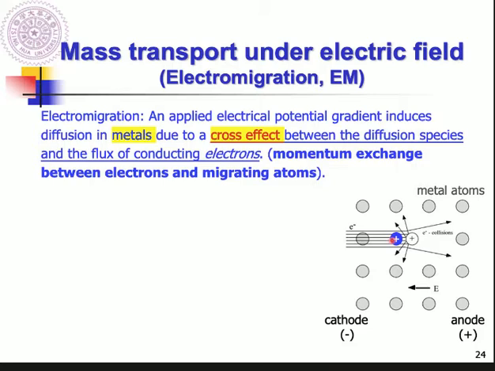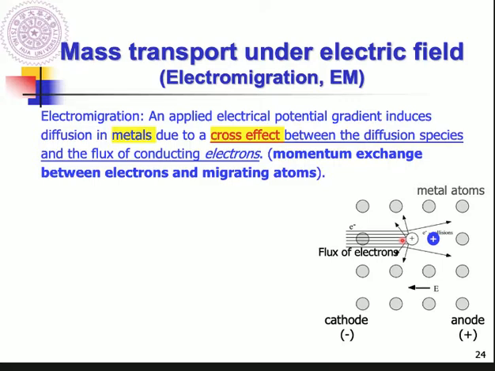Most of them were reflected and deliver the momentum to this positive metal ion. As long as this momentum exchange gets higher, that will push these metal ions to move through these materials.